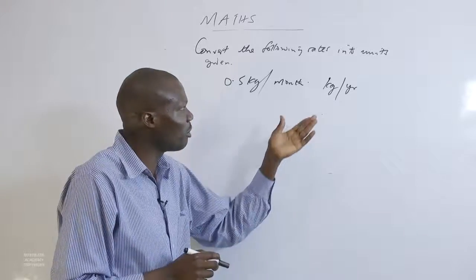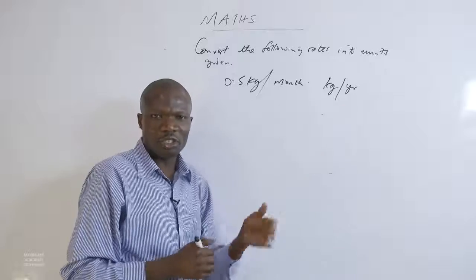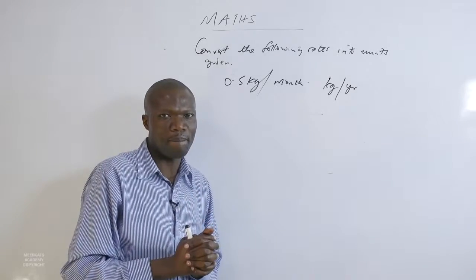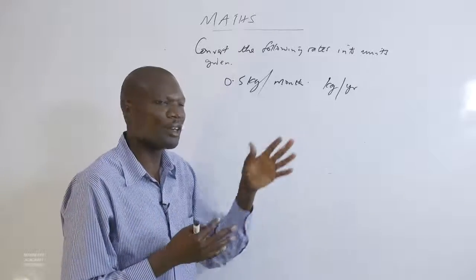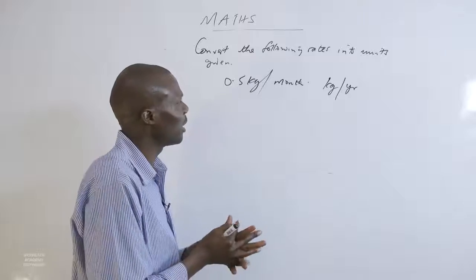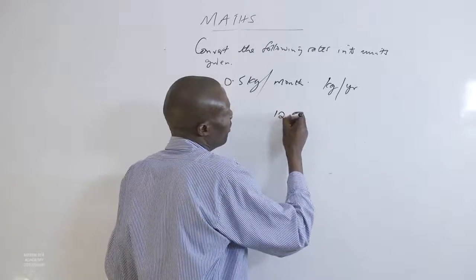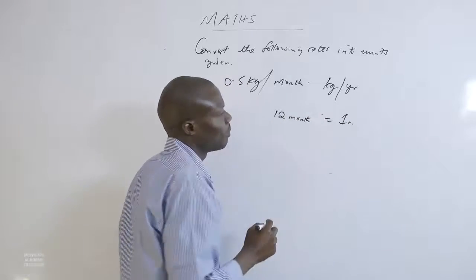Before we move, the first quantity is in kilograms, and the answer is also asking us in kilograms, so there's no change there. But we have the second part as months, and the other one as years. So what is the relationship between months and years? We say that 12 months is equal to 1 year.